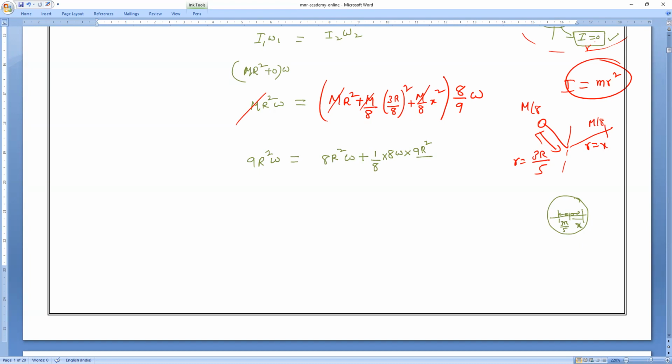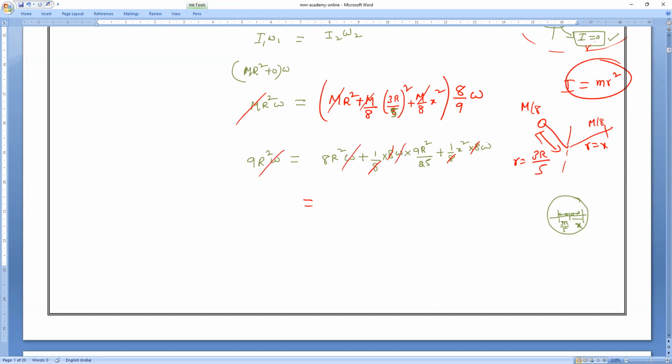Is it okay? Please respond. I think I have written the formula wrong here. 3r by 5, am I right, brothers? So 25. Okay, plus again this one: 1 by 8 into x square into 8 omega. Clear, everyone? Here also 8 will get cancelled. Now can I put omega common everywhere? Omega also, can I strike it?